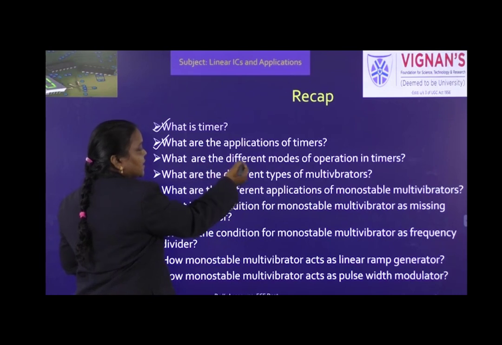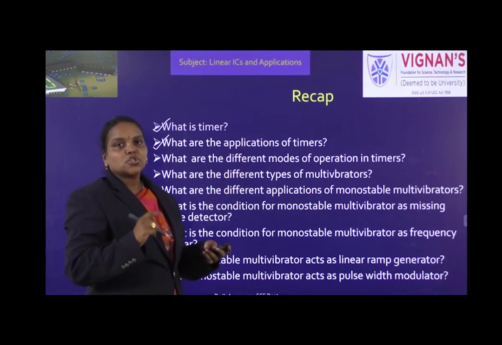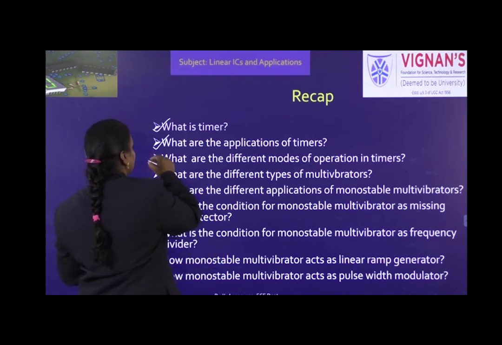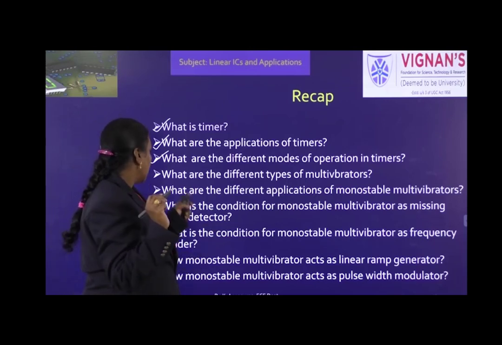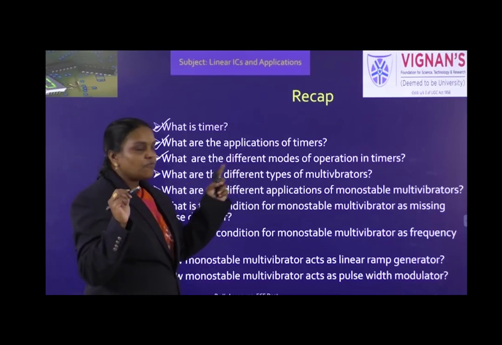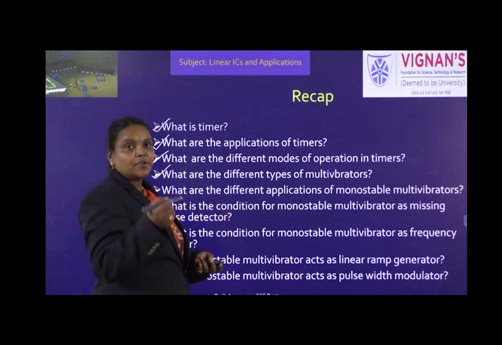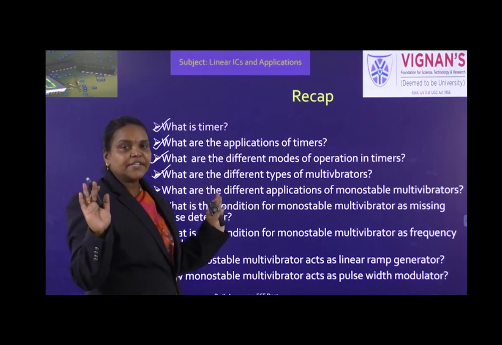And next, what are the different modes of operation of timers? So, astable, monostable and bistable. And in our syllabus, we are having only astable and monostable. What are the different types of multivibrators? So, multivibrators, again, astable, monostable, bistable. Astable means there are no stable states.